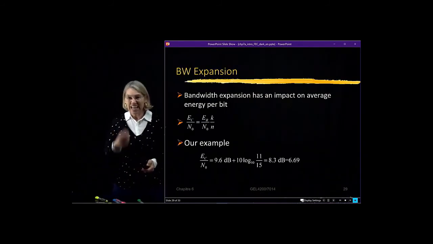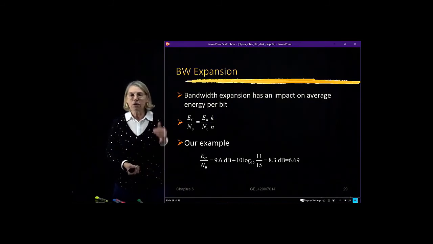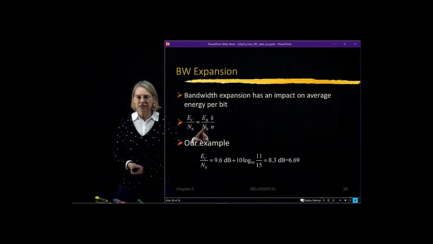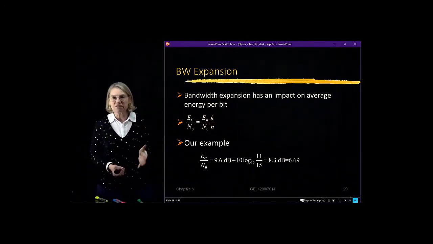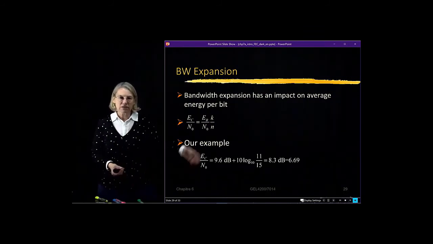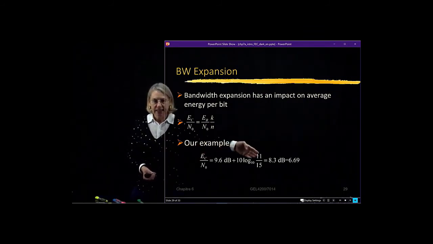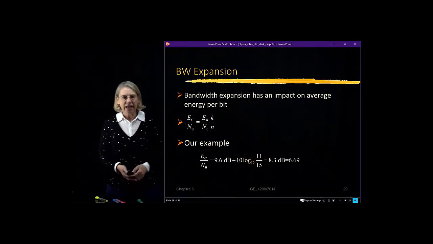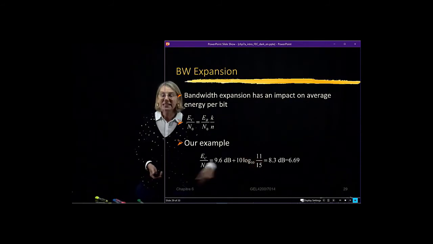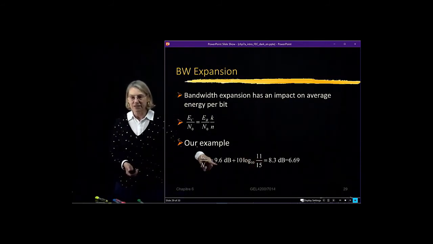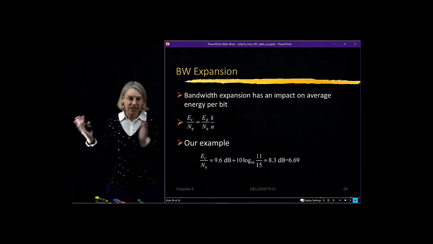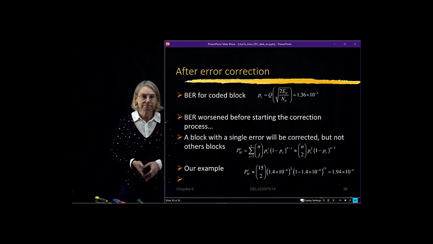So that means that I take a hit right away on my Eb/N0, and I call it Eb/N0 encoded. So Eb/N0 no code, and now I have to reduce it because of this redundancy I'm adding. In the case of this code specifically, 11 data bits, 4 parity bits for a total of 15 coded bits, I end up having only 8.3 dB instead of 9.6. So I take a hit because I assume that I have the same energy budget, and I just have to spread it over more bits.